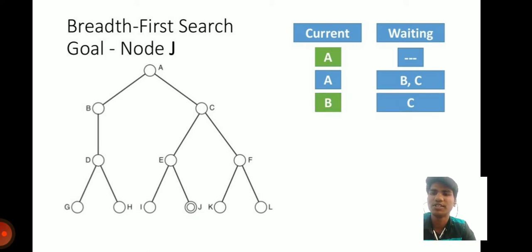And after B, there will be 2 waiting states, D and C.